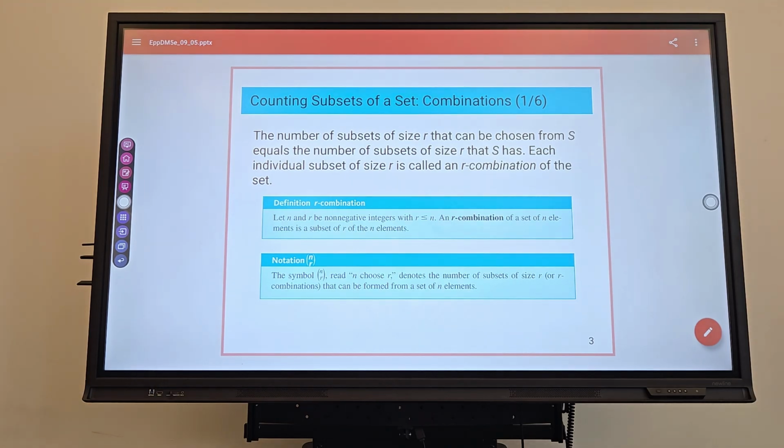An r-combination of a set of n elements is a subset of r of the n elements. The notation, parentheses containing n over r with no bar like a fraction, is read as n choose r, and denotes the number of subsets of size r, or r-combinations, that can be formed from a set of n elements.